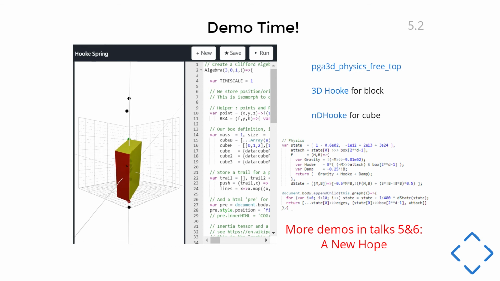And it is directly implemented in the way that I just described. So when you look at the code that Steve will also demonstrate in session 6 today, you'll see that he will define the gravity, define Hooke's law, define the damping, all in terms of compact joinlines of geometric algebra. The total force is then something like this.